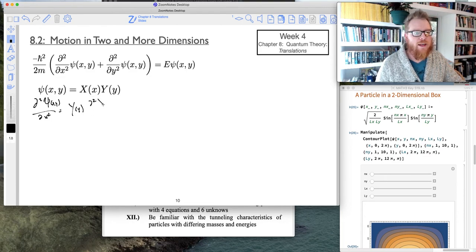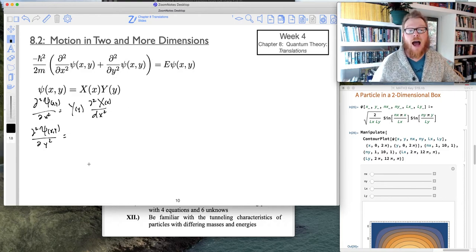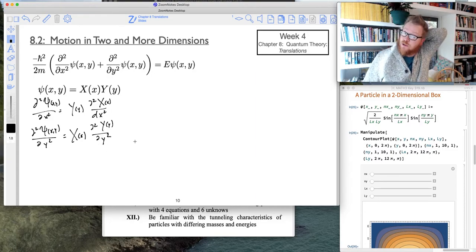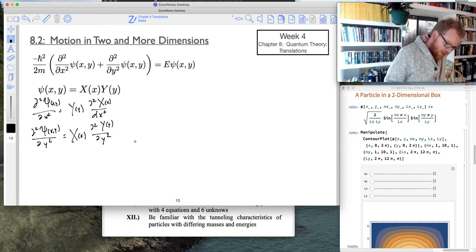And now I only need to worry about taking the second derivative of the x function, all right? Similarly, when I take the partial of psi xy with respect to y, I know that now this X function doesn't depend on that second derivative, so I can put that in front, okay? And my derivative in psi is only dependent on y. So this is what allows me to separate these variables, okay?